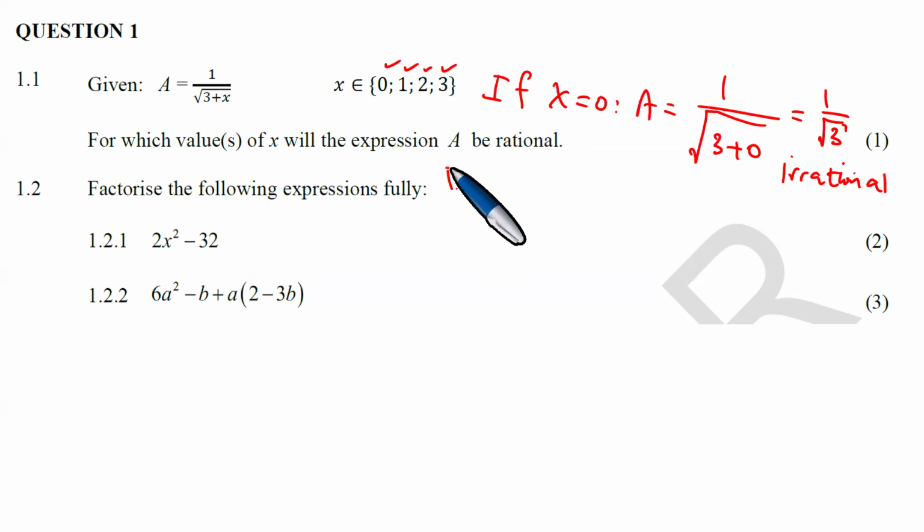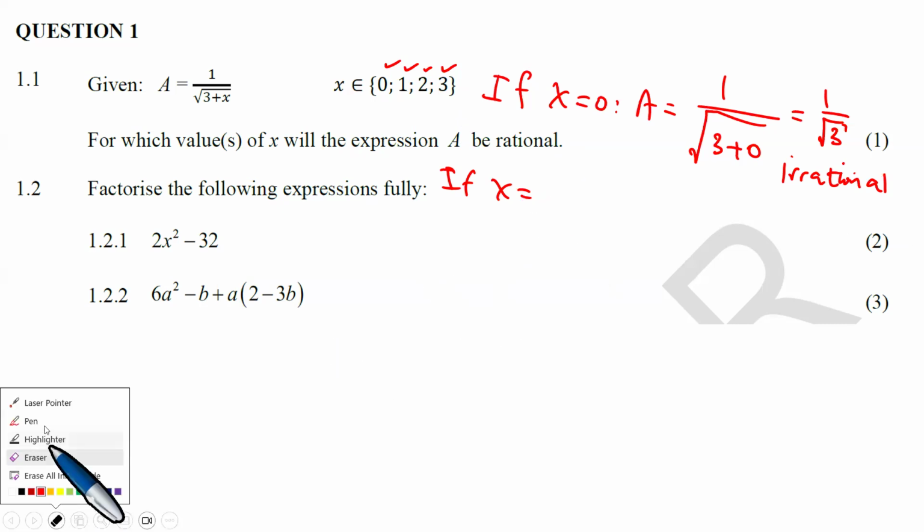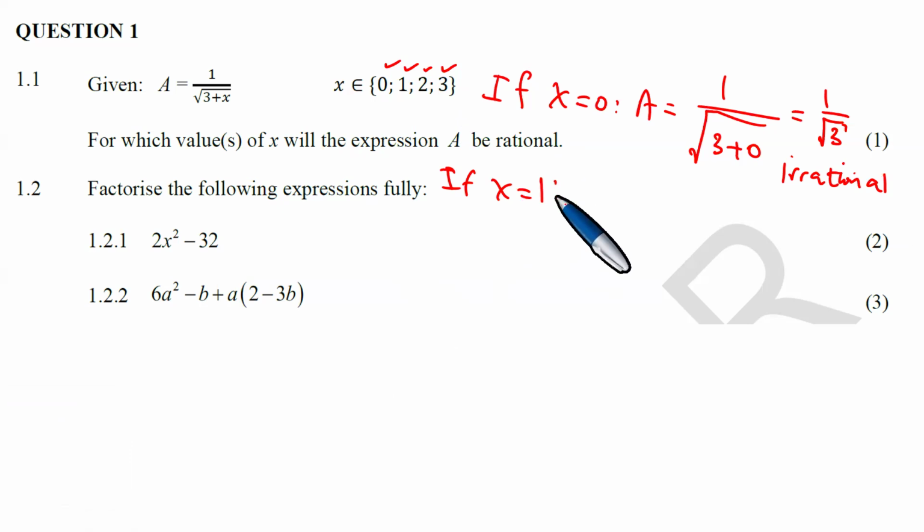Next, because x can be 0, 1, 2, or 3, the next one we put is x equals 1. This skill you need even at grade 11. So if x is 1, a equals 1 over the square root of 3 plus x.